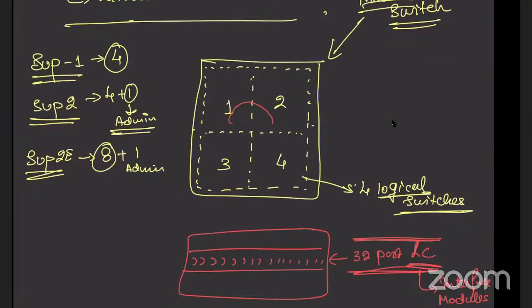Okay, I just randomly put the ports. Every set of ports is based on your ASIC. For example, this line card has 4 ports connected to one ASIC, and these 4 are connected to another ASIC.